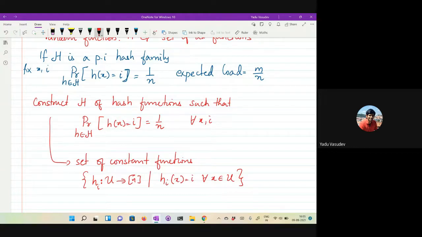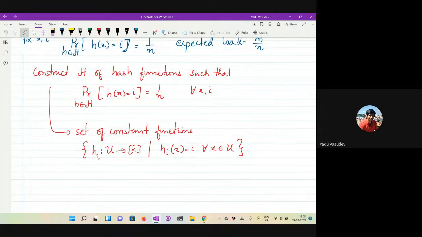Now if you fix an x, what is the probability that when you sample an h from this family, h of x is equal to i? There are n functions in your class, the cardinality of your family is n, and exactly one function maps x to i. So this probability is 1 over n.